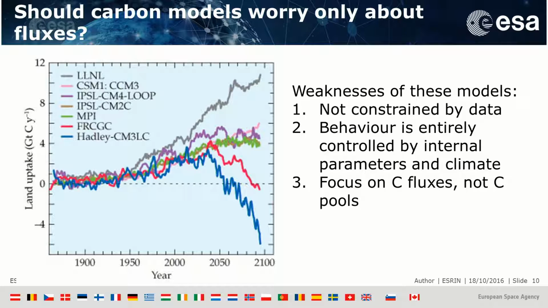Those are seven state-of-the-art, leading models from various places, from France and Germany and the US. And on the left-hand side is the land uptake of carbon in billions of tons of carbon per year.